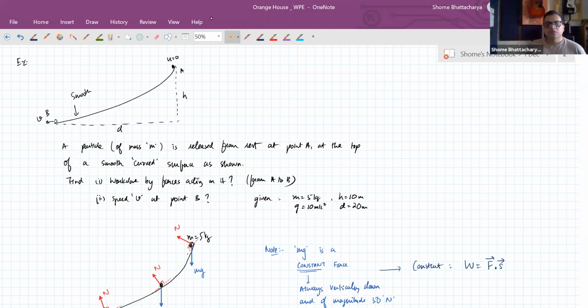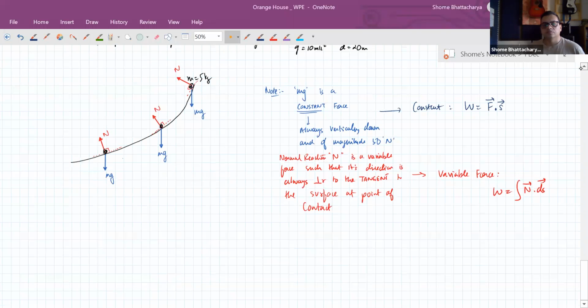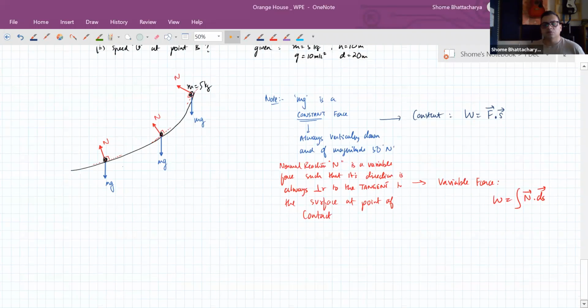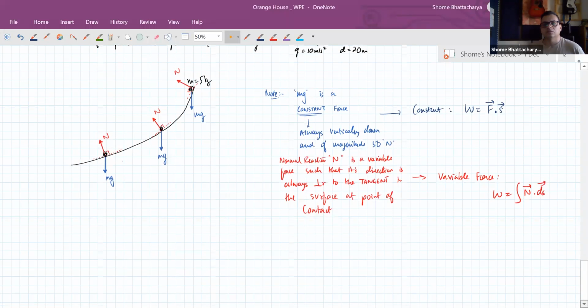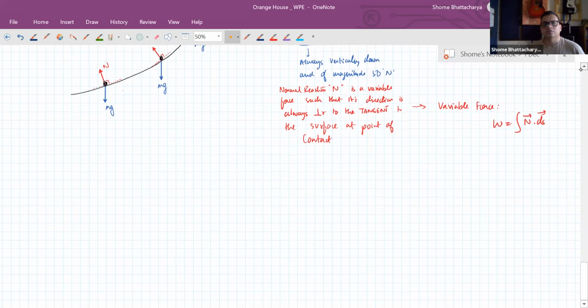Okay. So finished with the question. Rahil, you have finished writing down the question. Okay. So now make a note of these 2 points here about the normal reaction and about the weight. There are two forces acting only, which are normal reaction and weight.